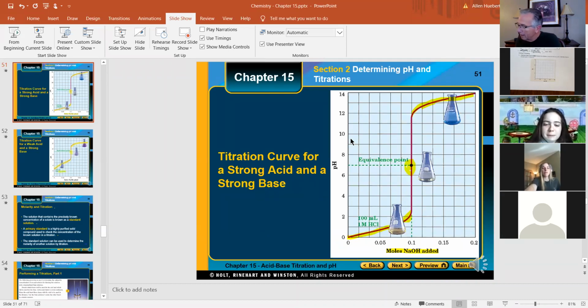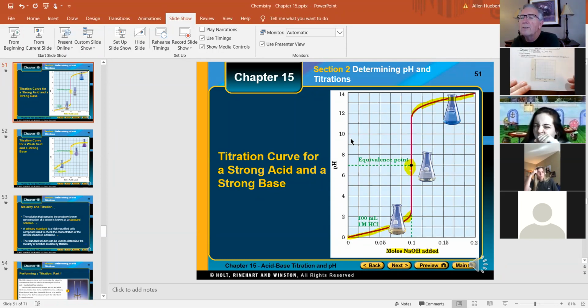So let's look at what they say. Sketch the titration curve for a 50 milliliter 0.1 molar NH3 that is titrated with 0.10 molar HCl. Now, one of them is a weak base, right?